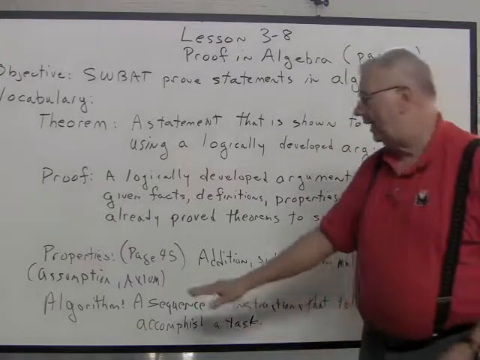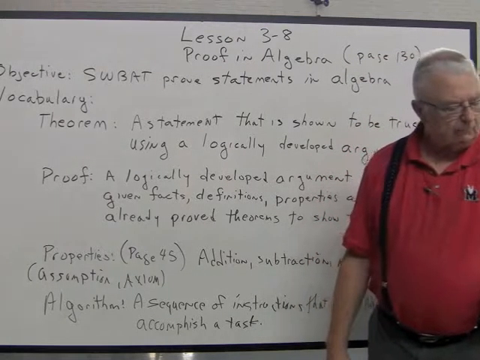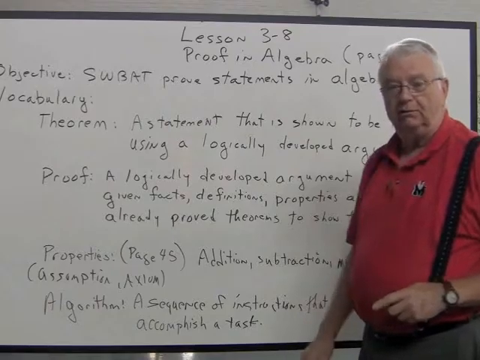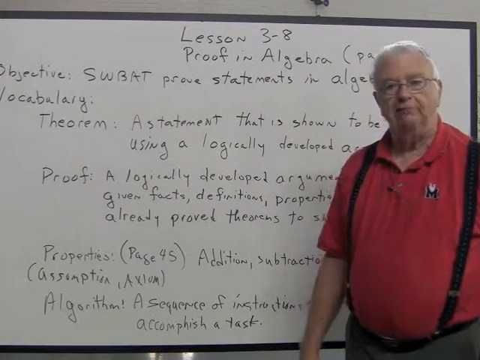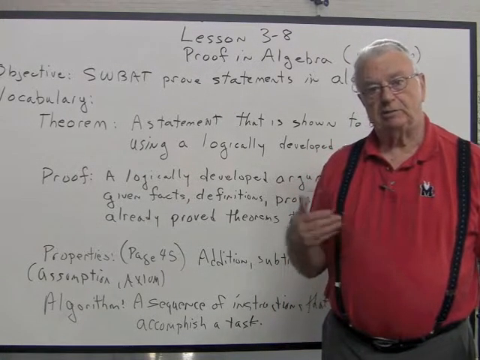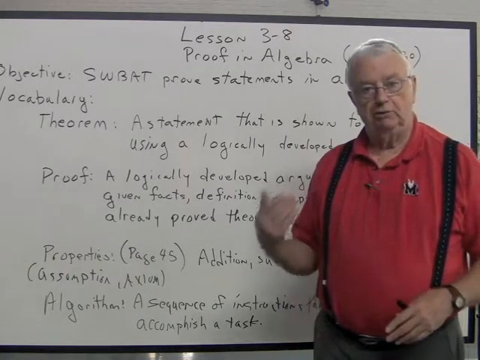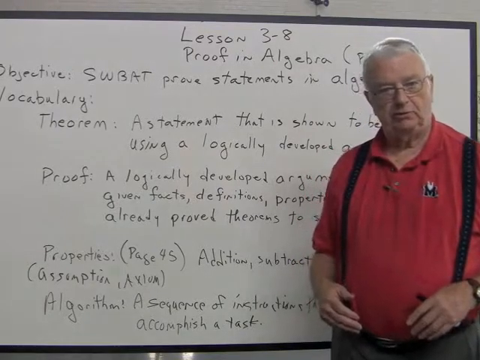The other word I have at the bottom here is algorithm. I put that in there because we're not going to be using algorithms in proofs. You use algorithms to solve an equation such as x plus 2 equals 5, where you subtract 2 from both sides and get your answer, x equals 3.